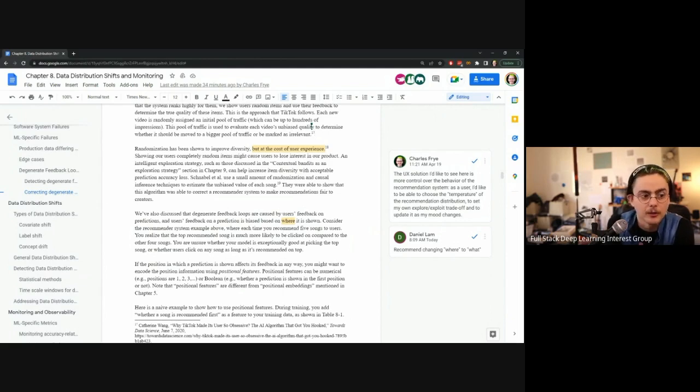Whereas if the video is 30 or 40 minutes long, like some YouTube videos are, then it's going to take 30 or 40 minutes before you know whether people watch all the way to the end. So TikTok both has doubled down on this and is also in a pretty solid position to make use of recommendations.